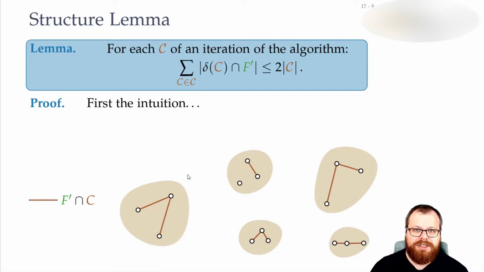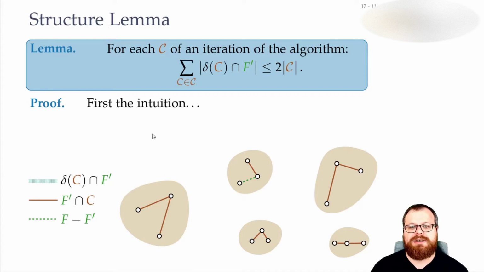Then there are edges that we pick but that we remove in the pruning later. Those are the green dashed edges. And then the important edges for us are those on the boundary of a component and also in the output of our solution. Those are the cyan dotted edges.